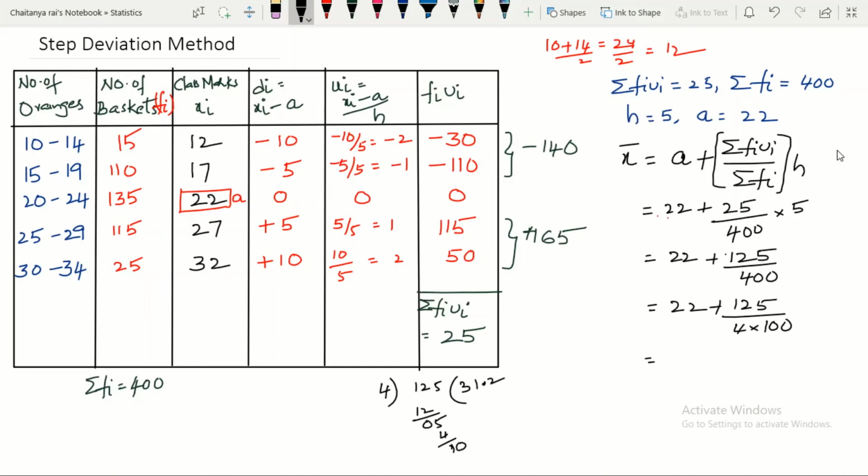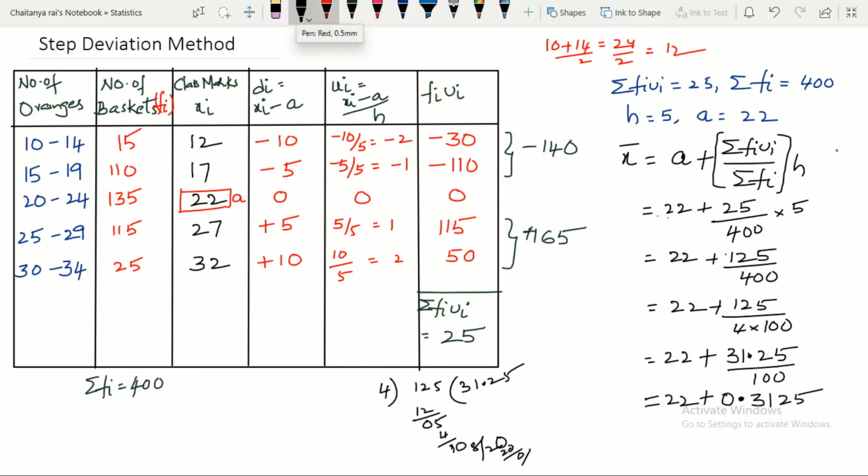In 10 if 4 goes 2 times, then it is 8. 2 is the remainder, so take a 0, 5 times it goes. So 22 plus 31.25 by 100. Since we are dividing by 100, the decimal moves towards the left side. We have 2 zeros, so it moves 2 places. Then this becomes 0.3125.